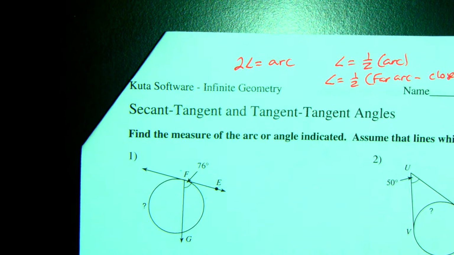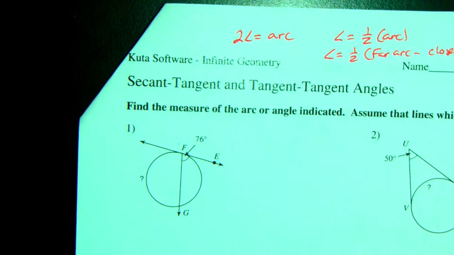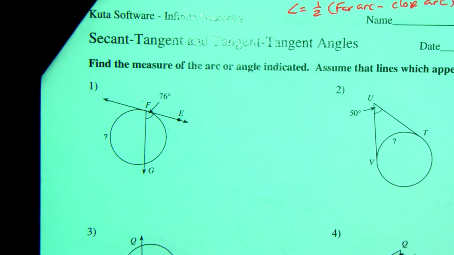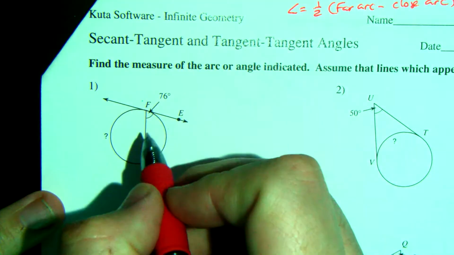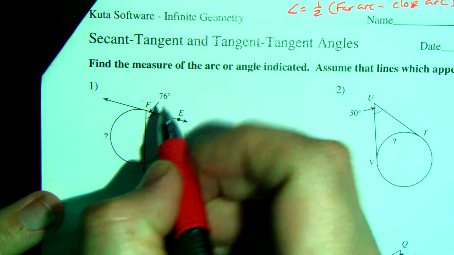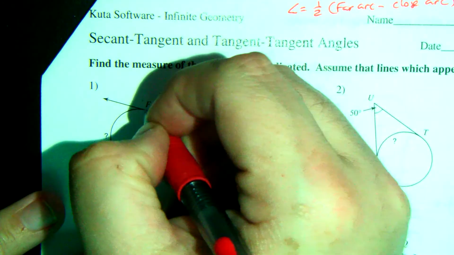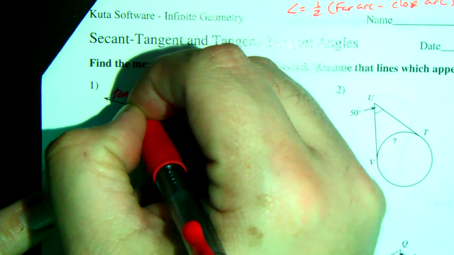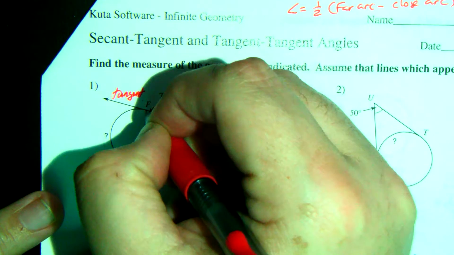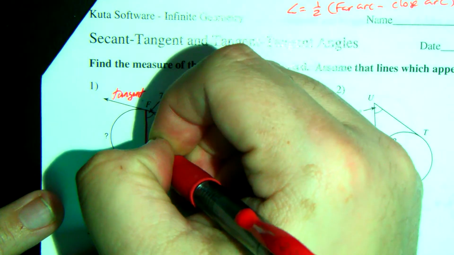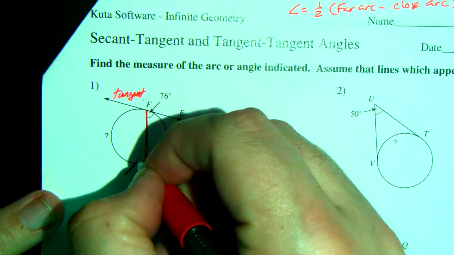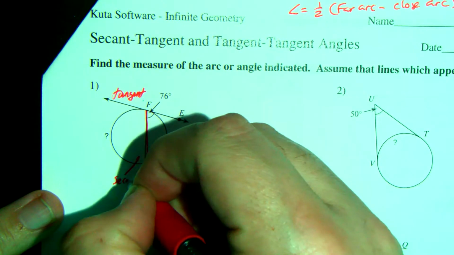Now let's take a look at this first one right here. When you have a tangent and a secant, and so this guy here is your secant, because it'll intersect through 2 spots.